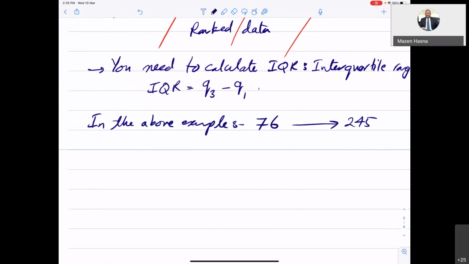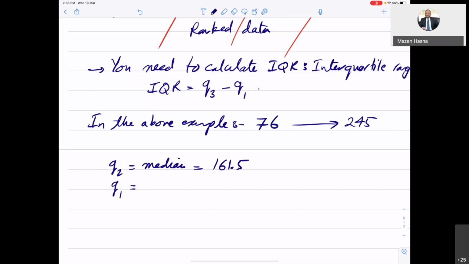If you calculate it, you'll find that the median, Q2, will be 161.5. Here we have an even number of data points, so when you rank your data, you take data points number 39 and 40 and average them.